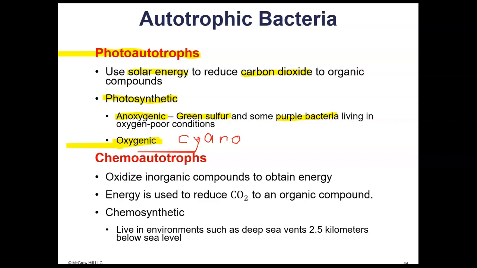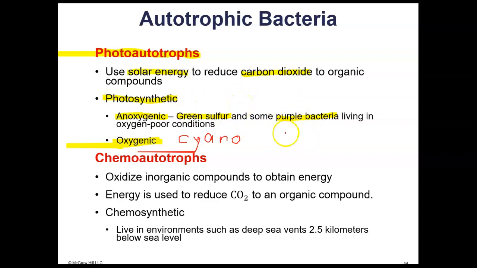I mean that they use carbon dioxide to make carbohydrates, and they release oxygen as a byproduct. So that's the cyanobacteria that carry out photosynthesis and release oxygen as a byproduct. But green sulfur bacteria and some of the purple bacteria can also carry out photosynthesis. They just do not release oxygen.